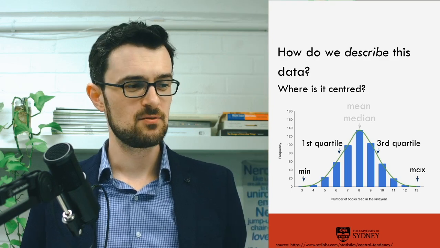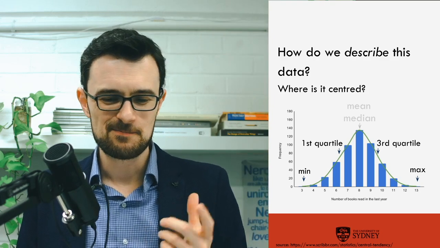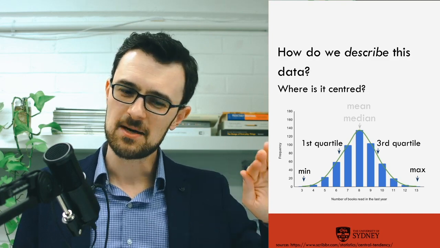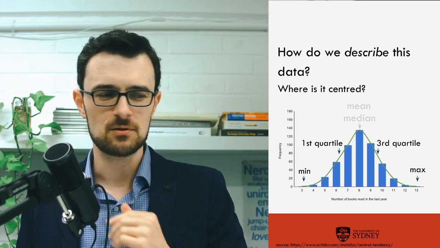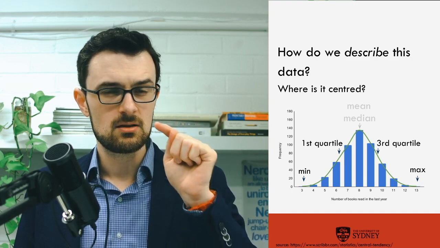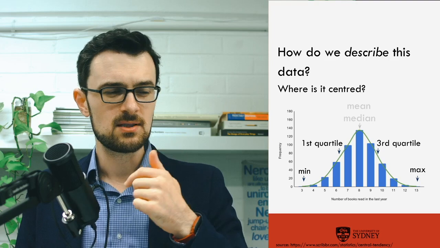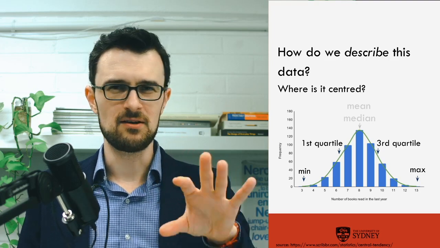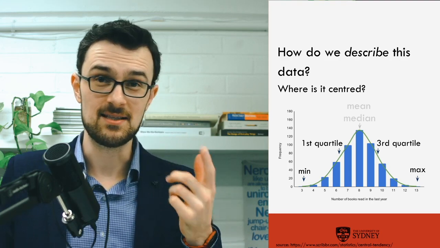A quarter of the way through this one, you can see is, I don't know, 6 and a bit maybe. There'd be about a quarter of the data points on the left of that and three quarters on the right. And the median is halfway through, so that's 8. And then the third quartile, so that's 75% of the data on the left, is 9.5 or something or other. I'm guessing based off this chart because I don't have the exact numbers, right?